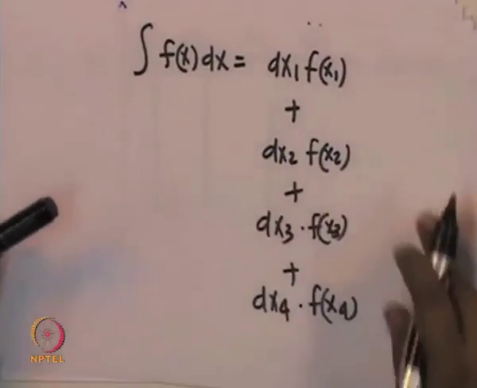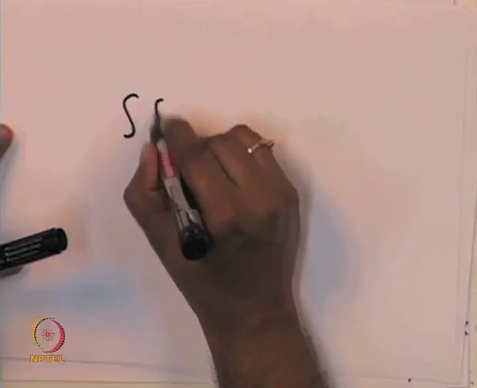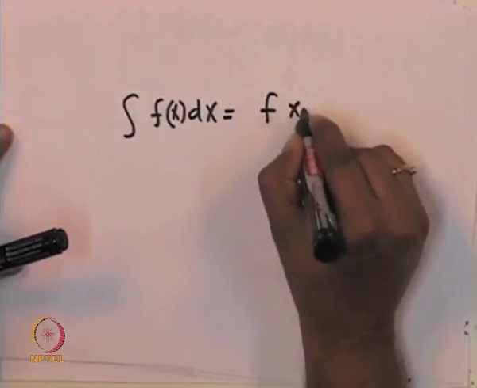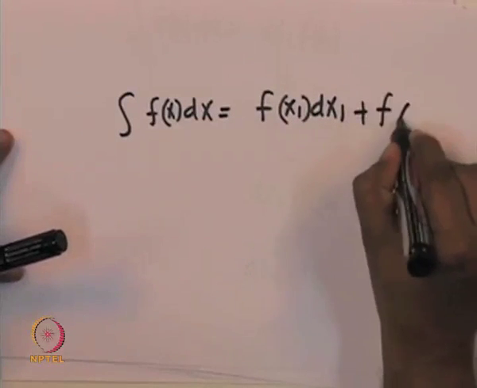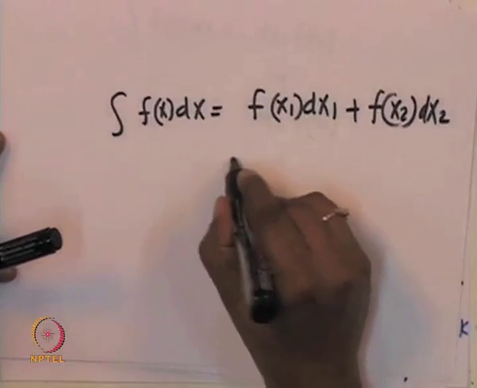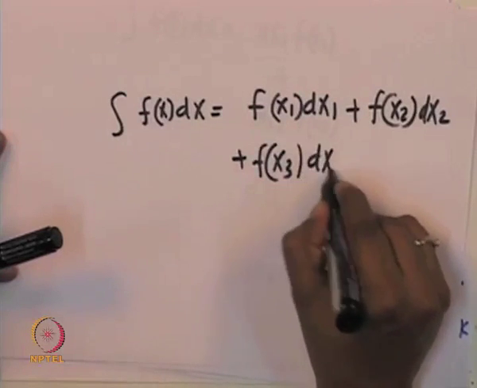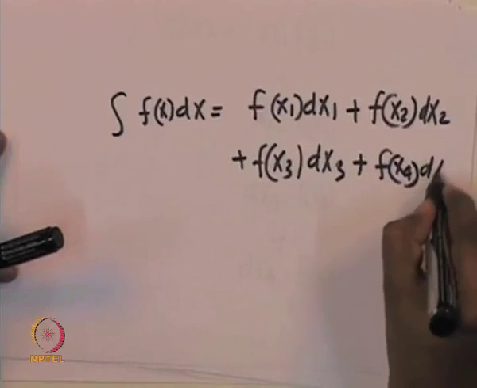So, we said that integral f of x dx is f at x1 dx1 plus f at x2 dx2 plus f at x3 dx3 plus f at x4 dx4.